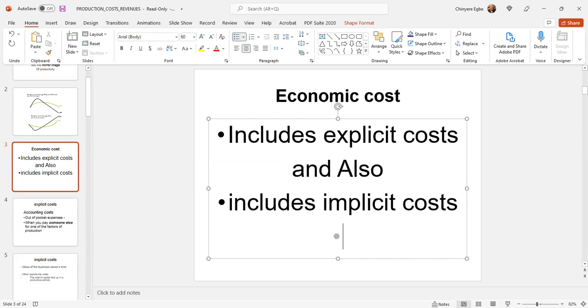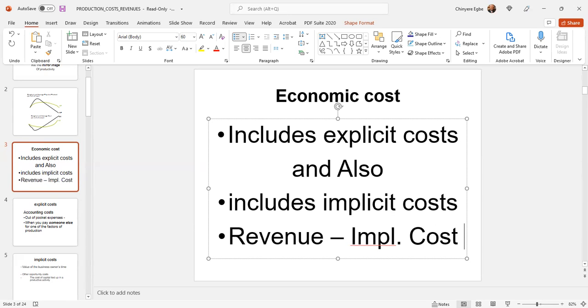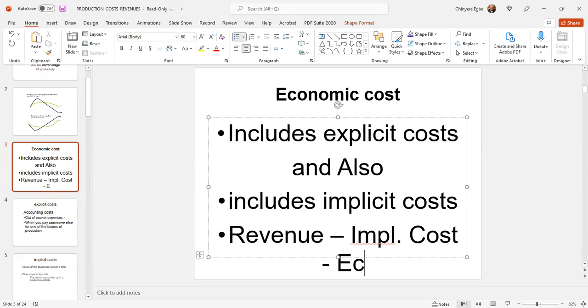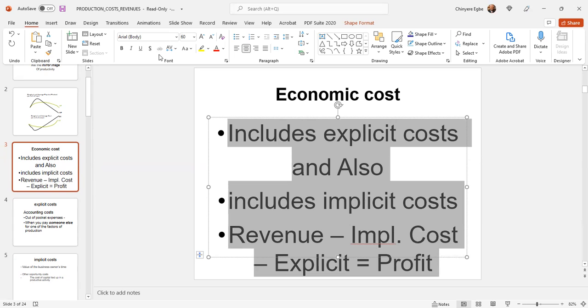So revenue minus implicit cost minus explicit cost is what you call profit. Okay, let me make this small so that it doesn't flow over.